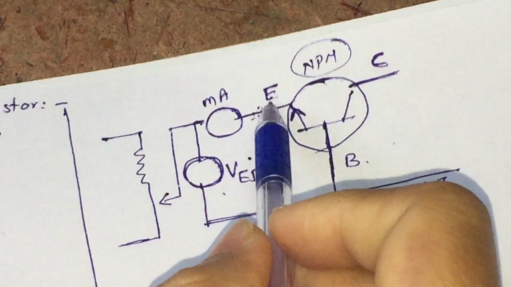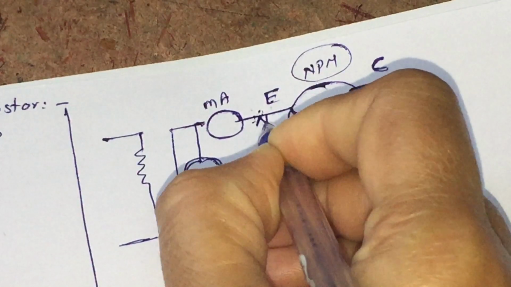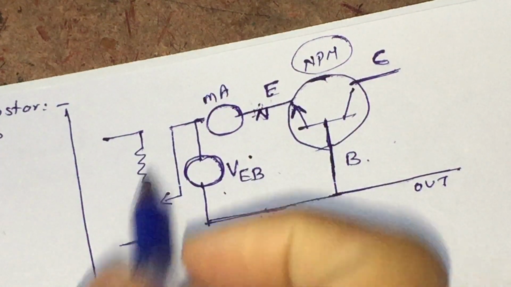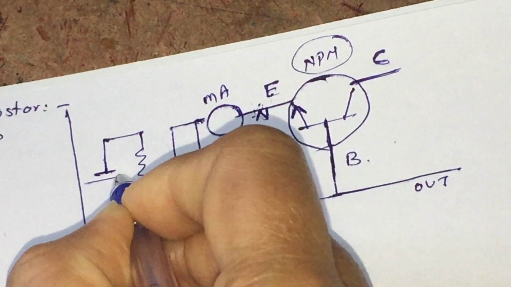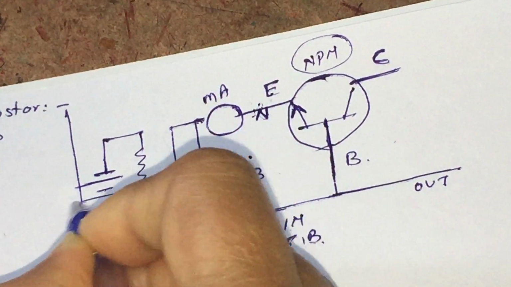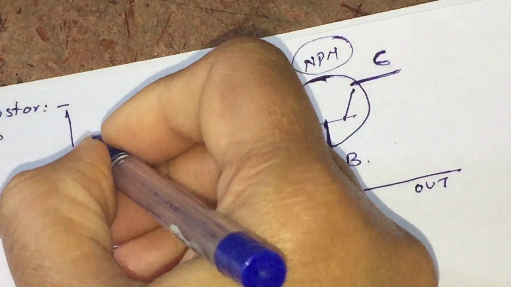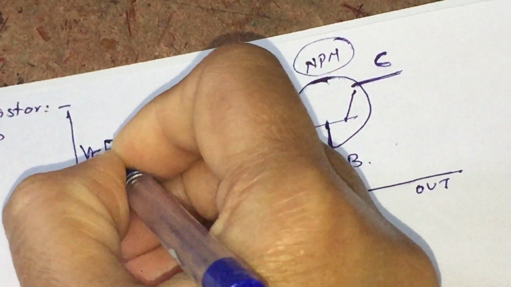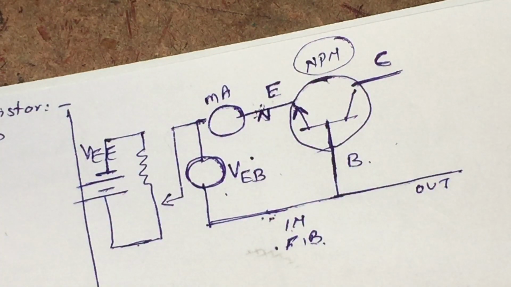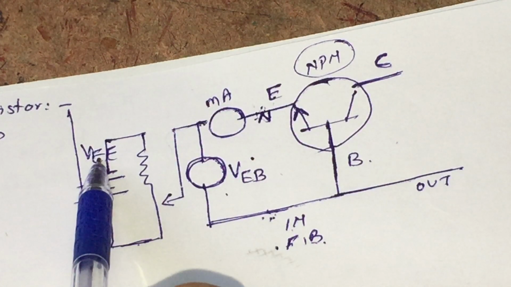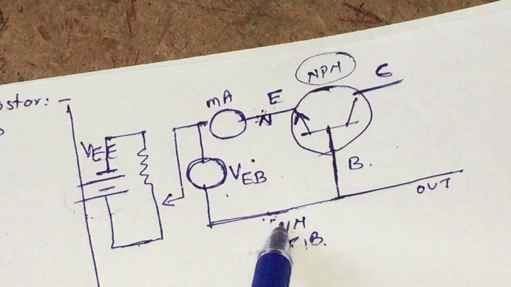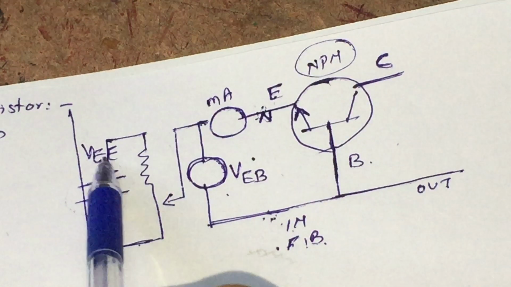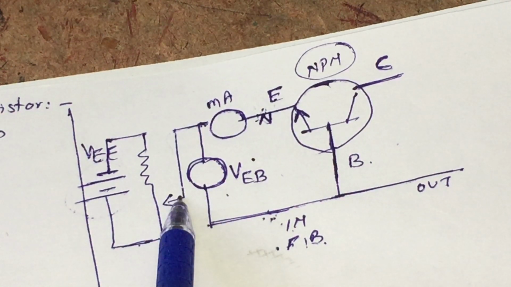It means the N type terminal, that is emitter, should be connected with the negative of the battery, and let us consider this voltage source is represented by VEE. VEE is a voltage source providing forward biasing to our input signal, and this voltage source is made variable.